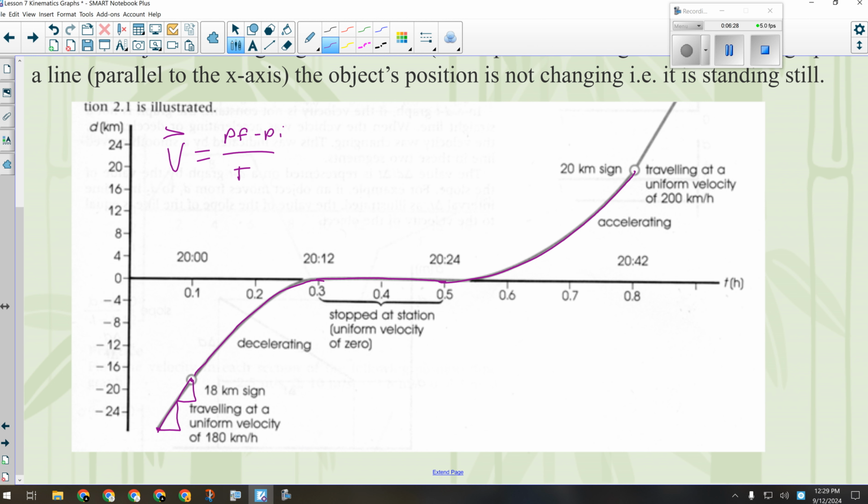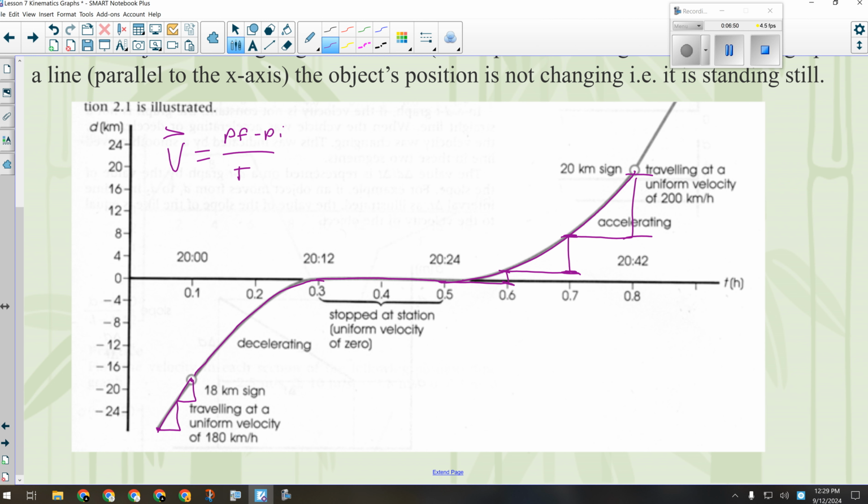In this particular part of the graph, for this 0.1 seconds, it only goes this far. But in the next 0.1 seconds, it goes that far. Is that a lot further? And similarly, over this next 0.1 seconds, it looks like it went even further.